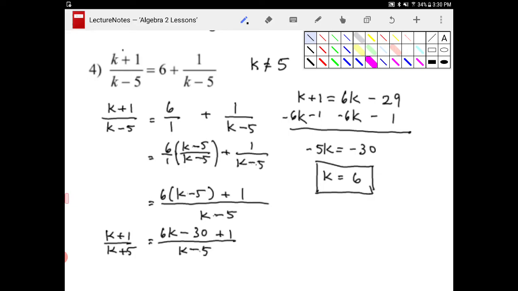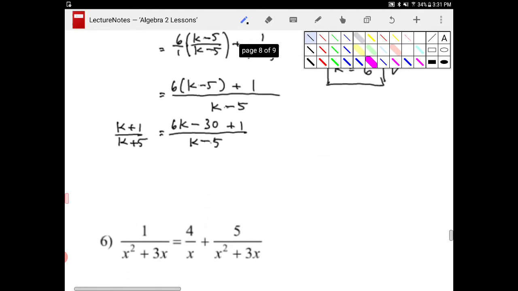Since k is equal to 6 and k cannot equal 5, this answer is valid. Again, you always need to make sure that the answer you get does not fall into a value that is excluded. Alright, let's take a look at the next one.